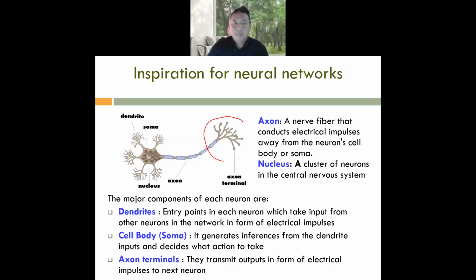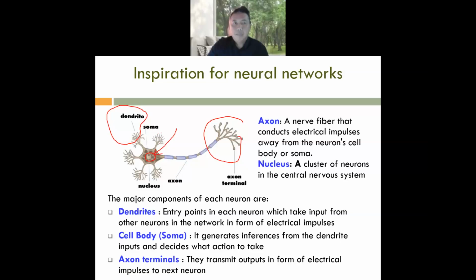Okay, so this is your output, this is your input, and we also have what we call the nucleus, a cluster of neurons in the central nervous system. So this is your nucleus. The activation function is located here.